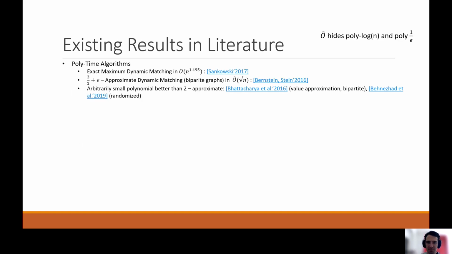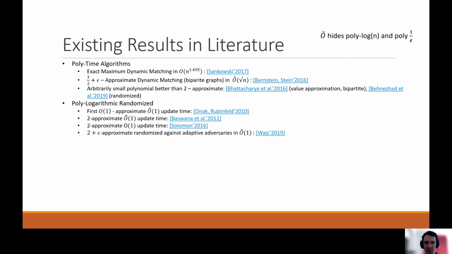Because of this, there are just a number of results out there, but the general pattern is the following. There are some interesting polytime algorithms achieving better than 2 approximation, or even exact maximum matching. And there is a rich literature on polylogarithmic algorithms.